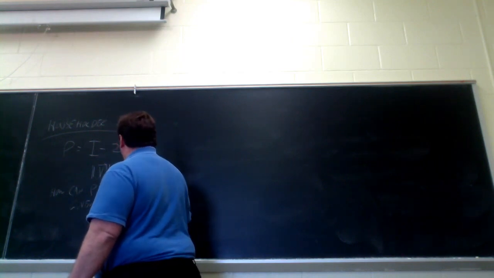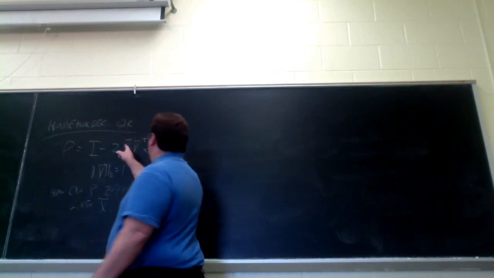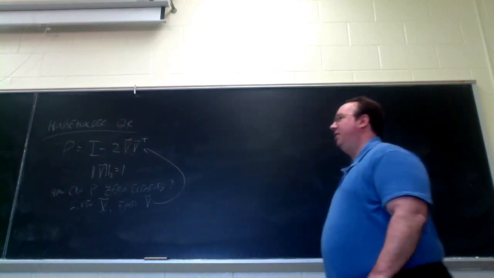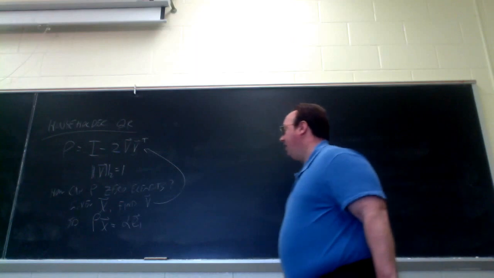Given a vector x, we want to find V to use in this definition of householder reflection, so that Px is equal to some multiple of e1, the first standard basis vector.